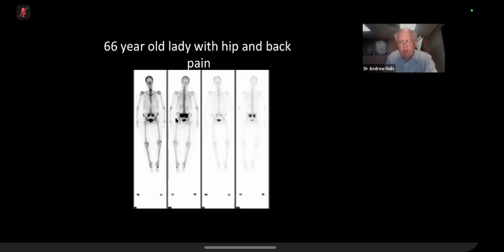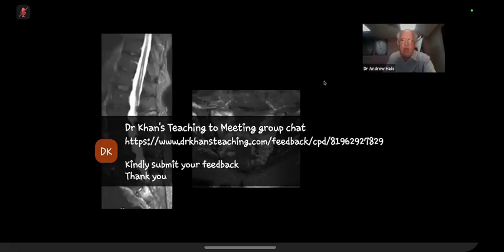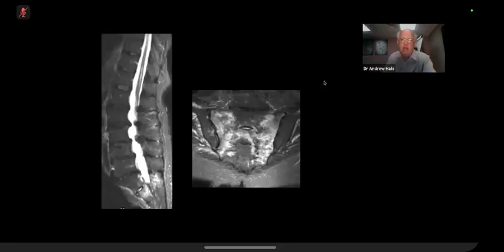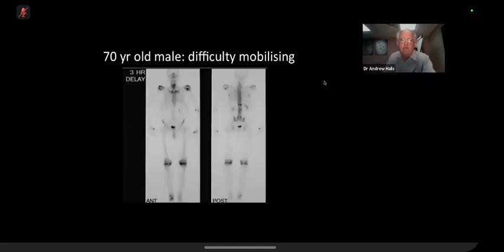You always get a bit of increased uptake in the sacrum, but absolutely, yeah. So there it is, obviously in the MRI, but it often initially shows up, in fact, on a bone scan. Now, could you just tell me why this person is not walking around very well?